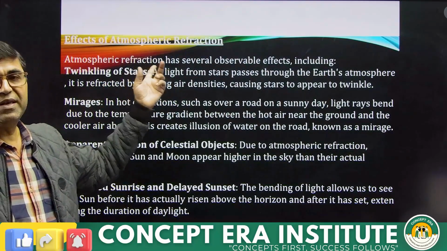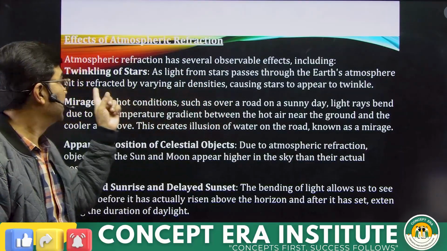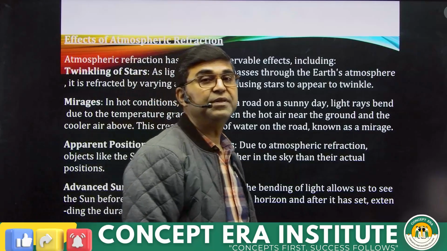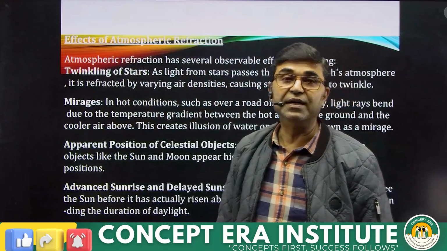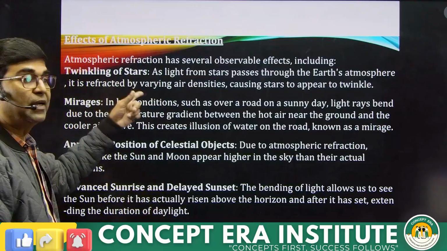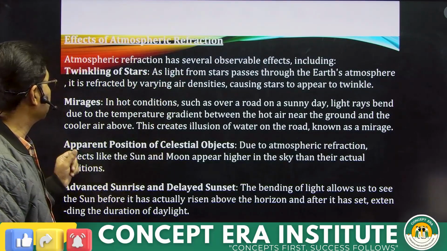The most commonly observed effects of atmospheric refraction are the twinkling of stars, the apparent position of stars, the early sunrise and the delayed sunset. All these are effects of atmospheric refraction.